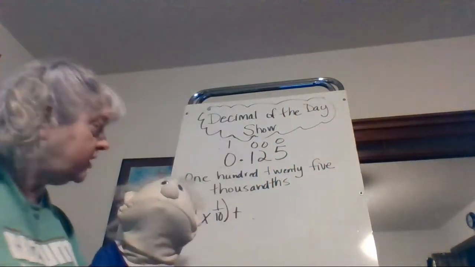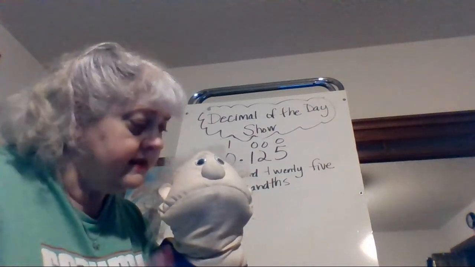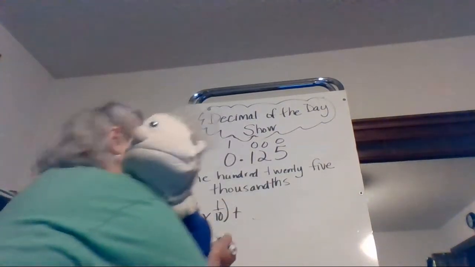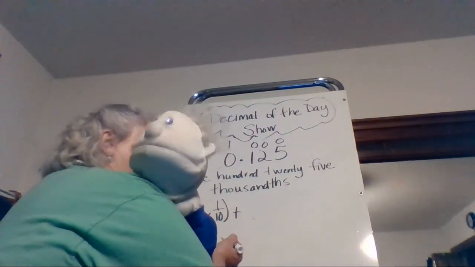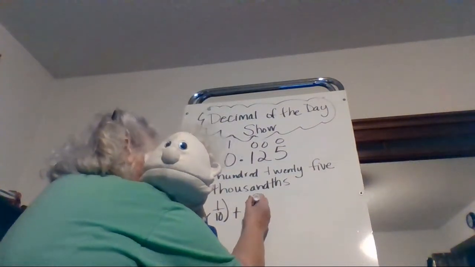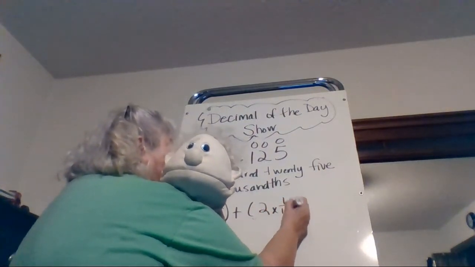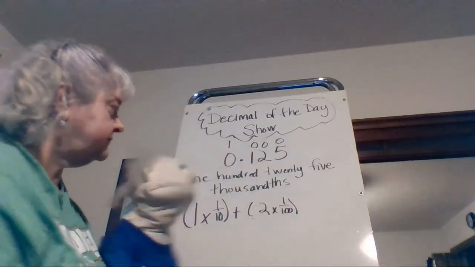Welcome back, Earthlings. Okay, Joe, we think that they have it right out there, but let's do it together and they can check. Okay. Next, you have a 2 in the 100th place. Okay, so Joe, would that be 2 times 1/100? Yes.